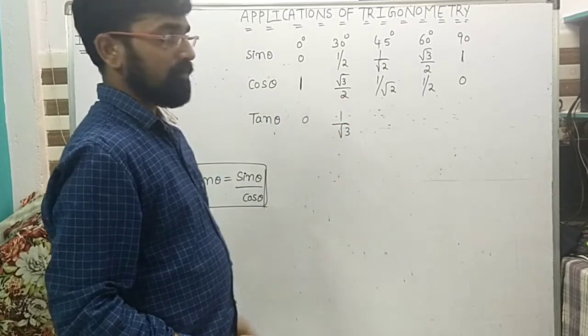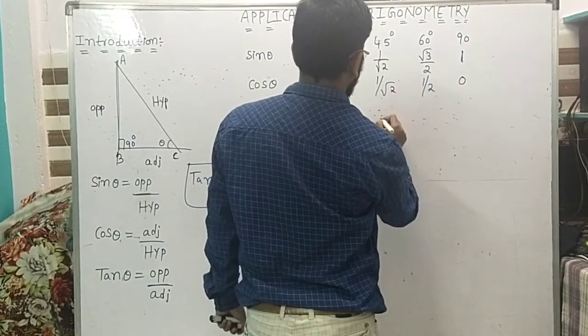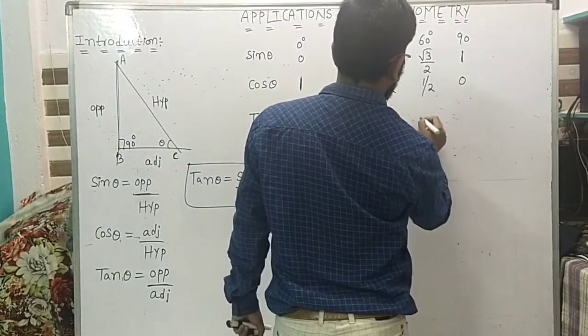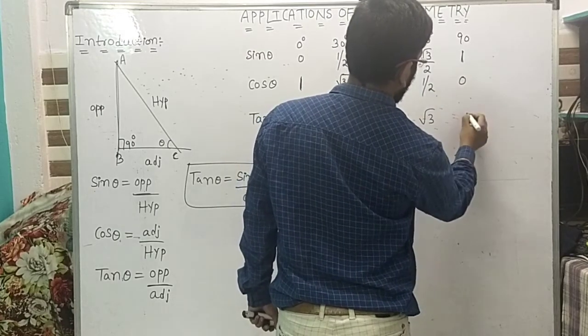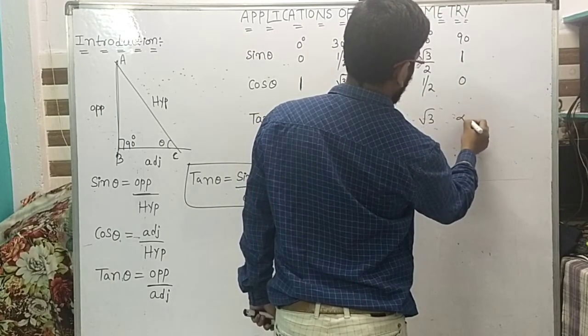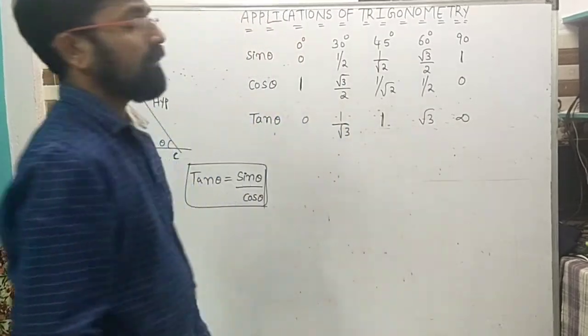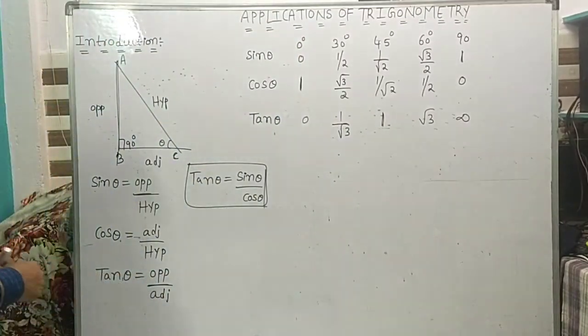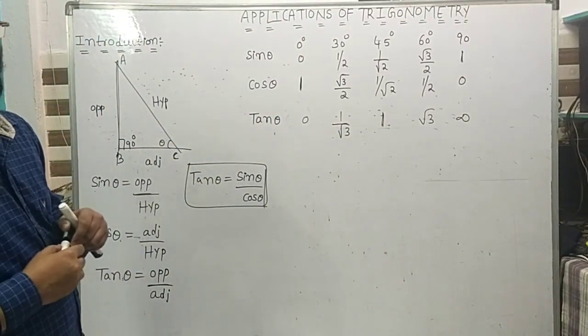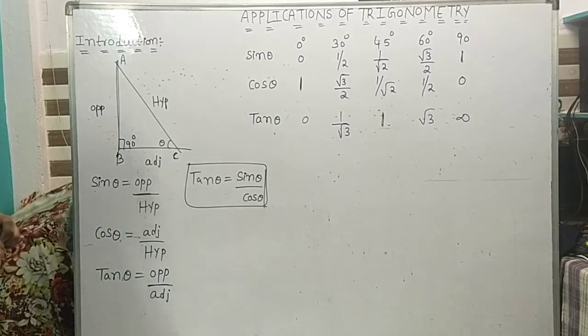Then 1 by 2 divided by root 3 by 2, the 2s cancel, giving 1 by root 3. Then 1 by root 2 divided by 1 by root 2 gives 1. Then root 3. And 1 by 0 is not defined. These are the values we are going to use.